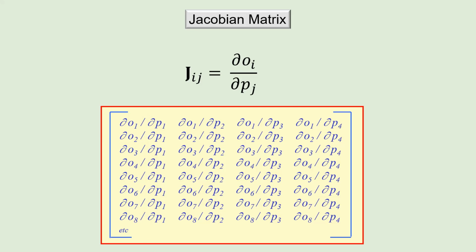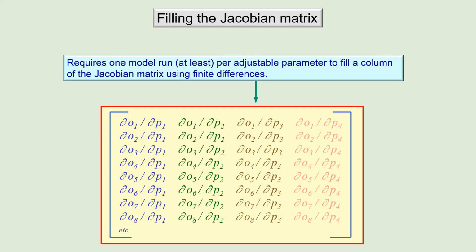The second column contains derivatives with respect to the second parameter, etc. If PEST is using finite differences to calculate these derivatives, as it normally does, the filling of each column of the Jacobian matrix therefore requires at least one model run. So the Jacobian matrix can be an expensive matrix to fill, especially where we're working with large numbers of parameters.